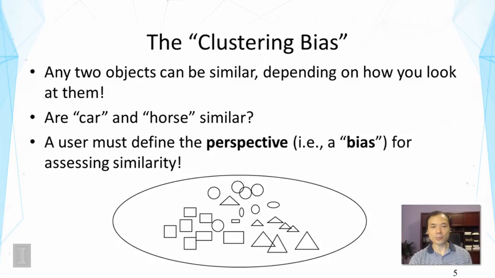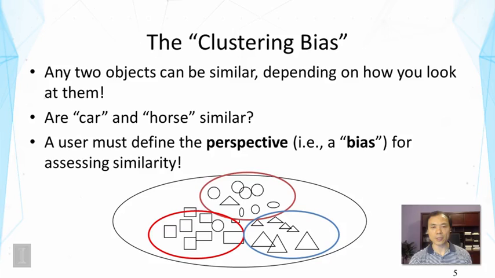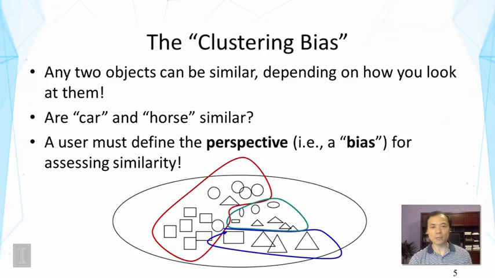For example, you might think we can still group by shapes, so that would give us a cluster that looks like this. However, you might also feel that maybe the objects can be grouped based on the sizes. So that would give us a different way to cluster the data if we look at the similarity in size.